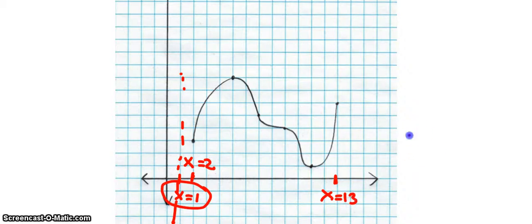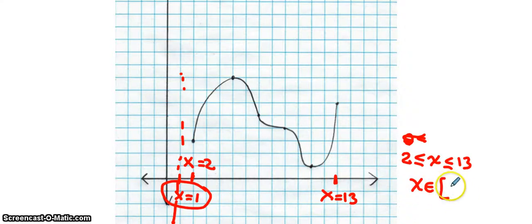And so my domain could be written as 2 is less than or equal to x is less than or equal to 13, or I could say x is in the interval, or is an element of the interval from 2 to 13, and there's a lot of different ways I could write that. So my domain is limited to these x values, and so the only y values that I can get are the ones from those x values.